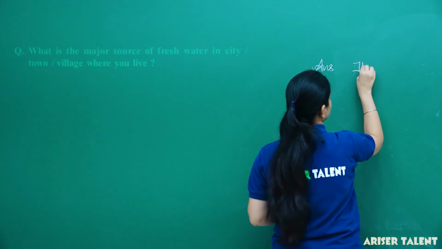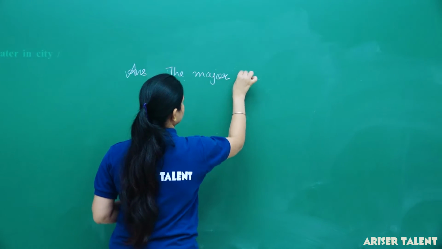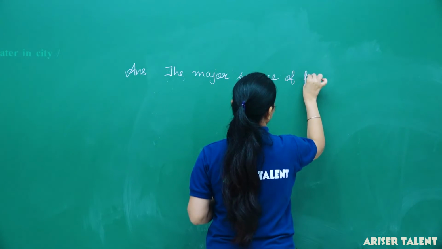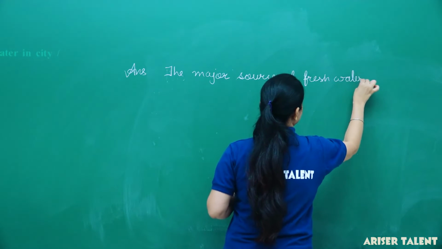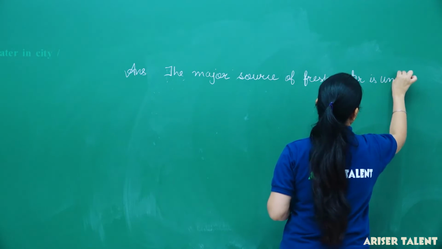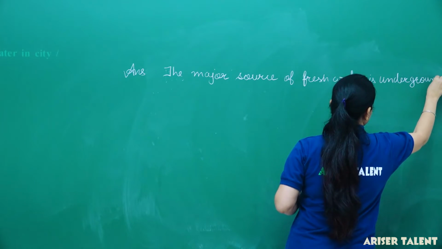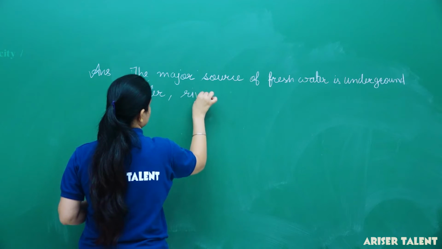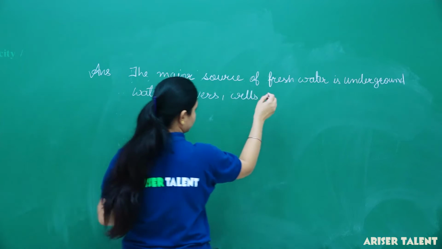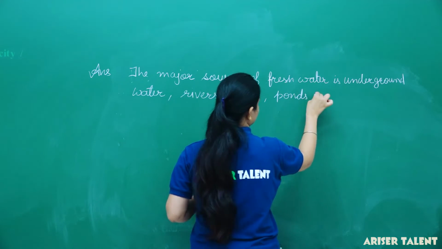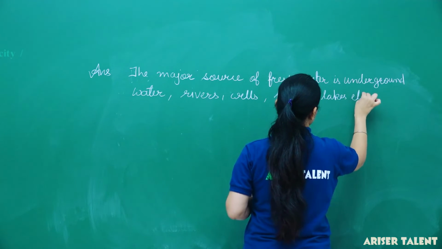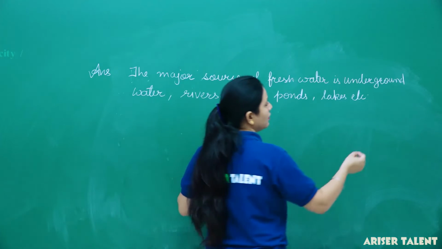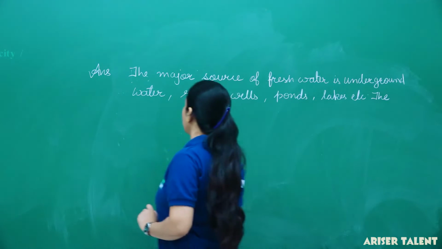The major source of fresh water is underground water, rivers, wells, ponds, lakes, etc. Okay, beside it, the availability of water varies from place to place.